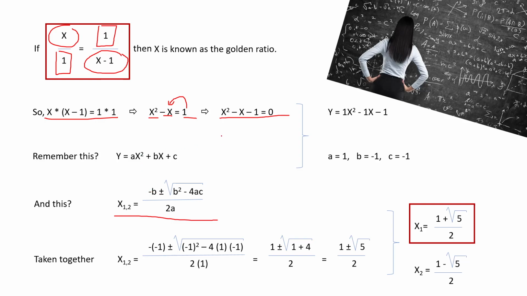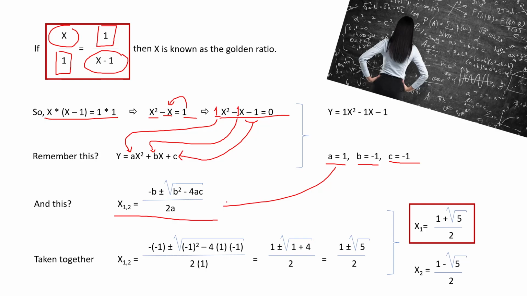Now, what do we have here? It says 1 times x squared, the 1 represents the a. It says minus 1 times x, the minus 1 is the b. And finally this constant, the minus 1, that's the c. So a equals 1, b equals minus 1, and c equals minus 1.